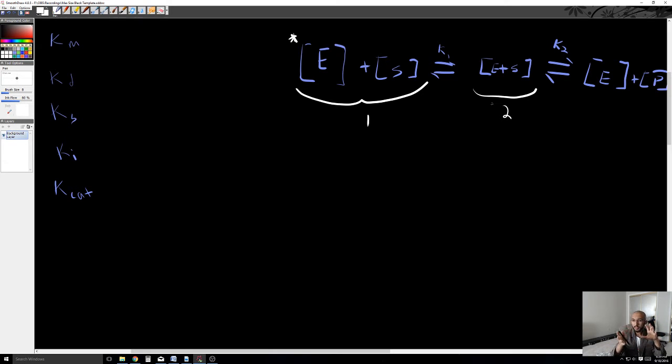So in some places you'll have K1 and 2, sometimes you'll have A and B, sometimes you'll have different letters. But what I want to make very apparent before we go into any of these is that when you're doing your problem set or you're doing anything with enzyme kinetics, it's incumbent upon you to first look at what's actually happening and determine what the terminology is referring to.